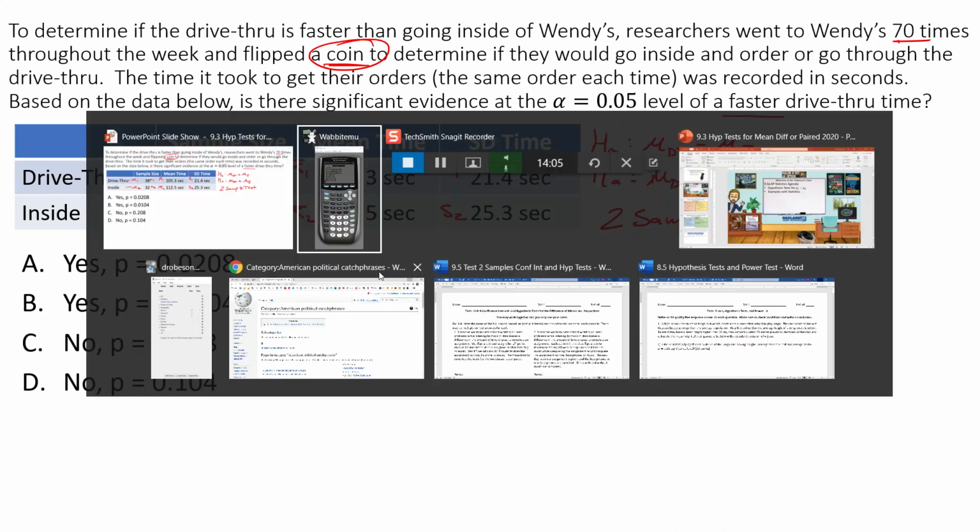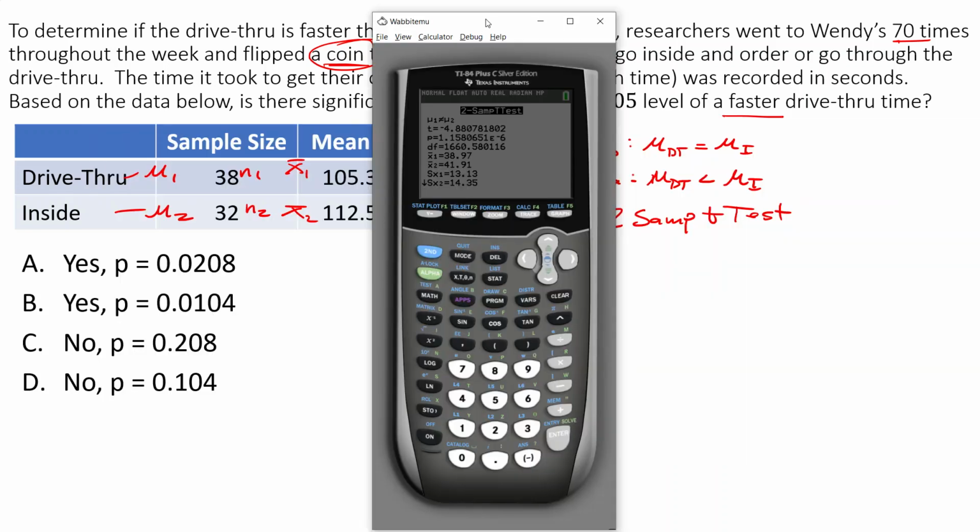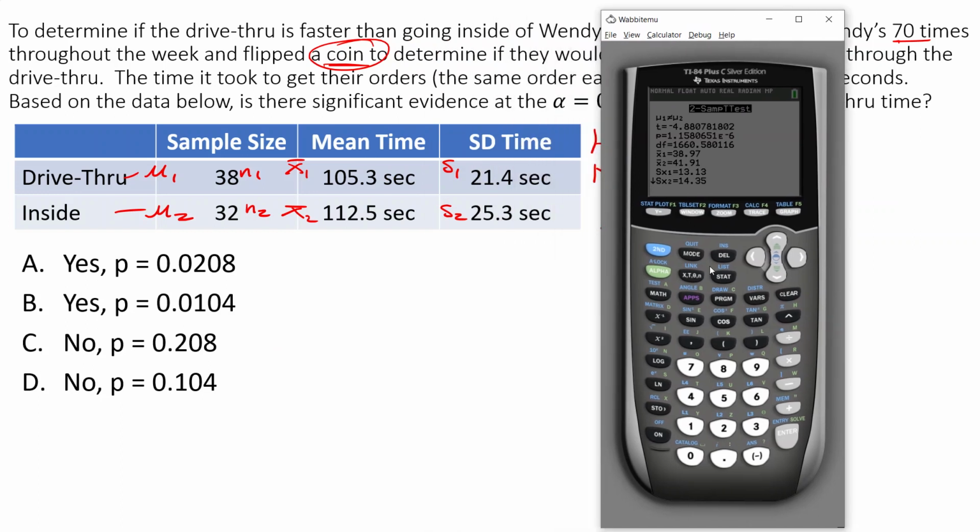So we pull up our calculator, and let's see, stat, test, 2-sample t-test is number 4 there. And we're using stats. We've got a lot of numbers to put in here. So our mean for the drive-through is 105.3 and 21.4 seconds for standard deviation with a sample size of 38.